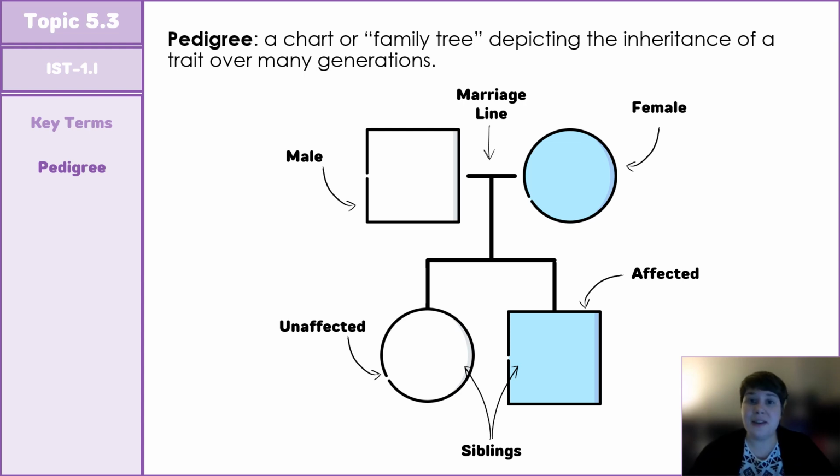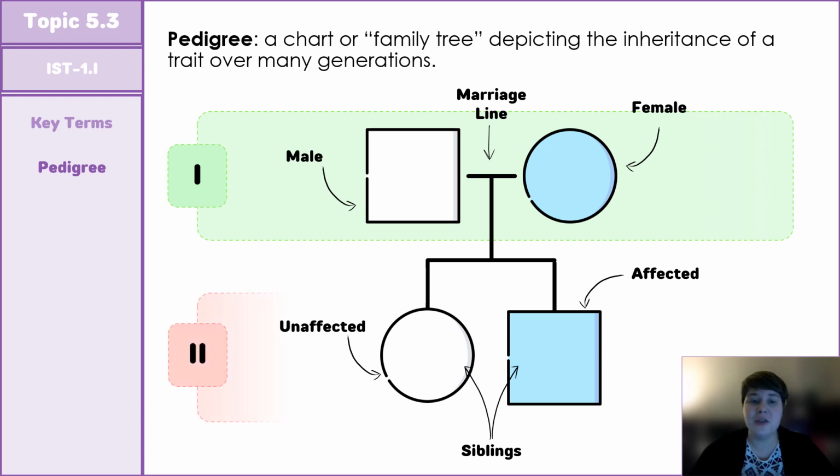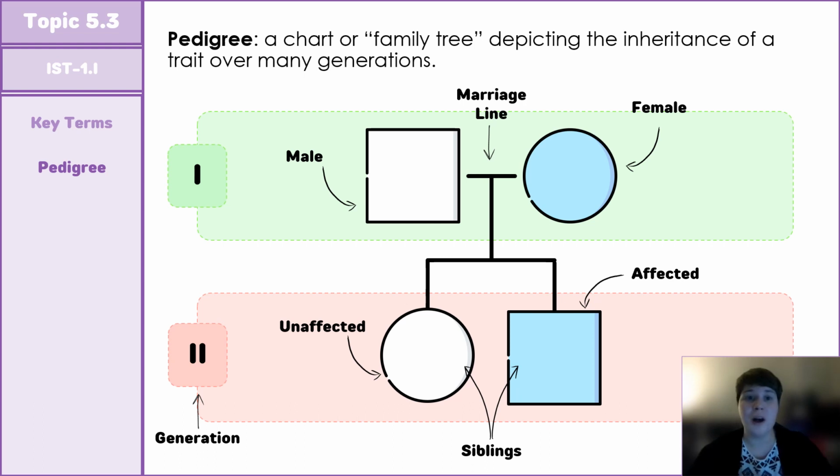Another piece that you may see when you come across pedigree charts are our generational numbers. So each row in a pedigree chart is going to have a specific number associated with it, and that tells you which generation the individuals are a part of. We'll keep all of generation 1 in one row and all of generation 2 in another row.